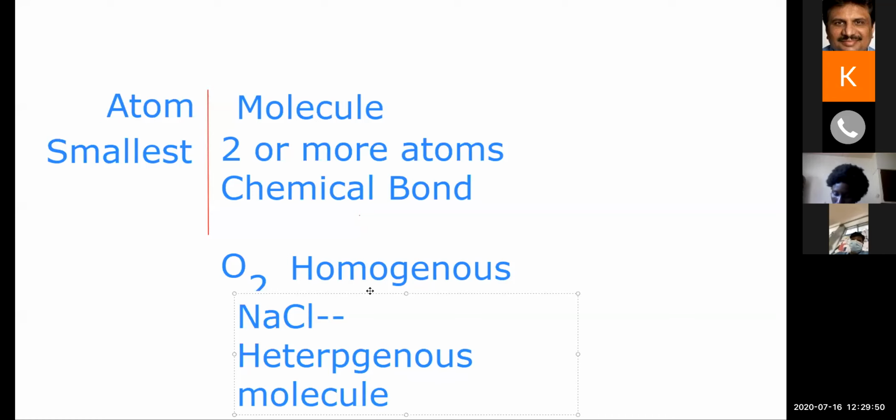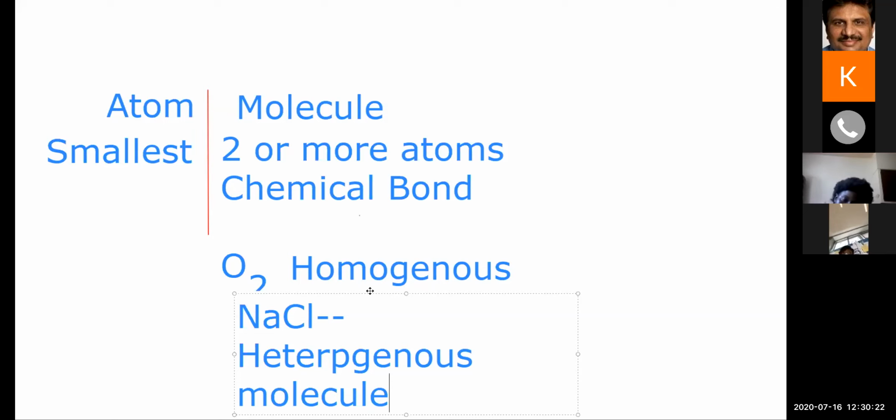A molecule is formed when two or more atoms enter into chemical bonding. Now, what does chemical bonding mean? Chemical bonding happens when two atoms come in proximity and they want to enter into an arrangement, a relationship. Why this chemical bonding is formed is to enhance the stability, right?